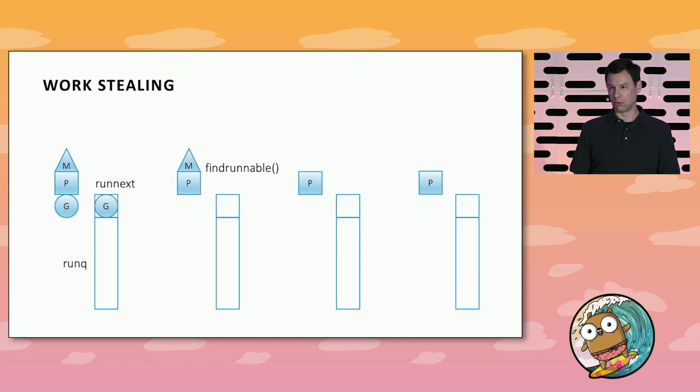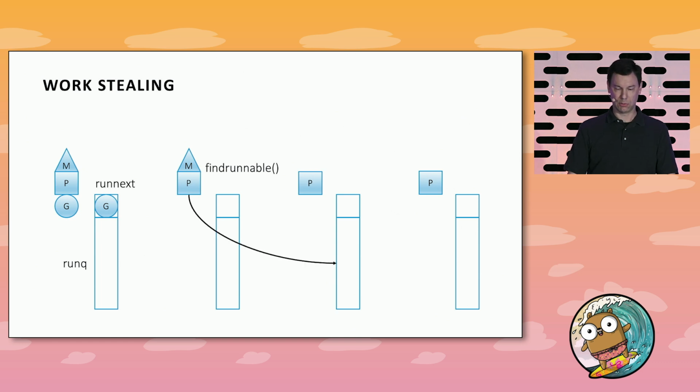If I don't have any work local, I want to try to get some work from somewhere else in the system. So I'm going to look at my neighbor, but this is another case where run next and run queue are special. It doesn't try to steal from the run next slot right away, because it might steal work that P was about to grab, and you'd end up with either a racy or thrashing kind of condition. So it prefers to look in the run queue initially.